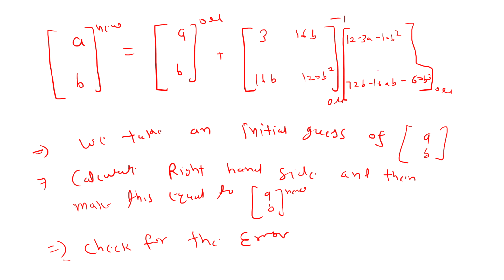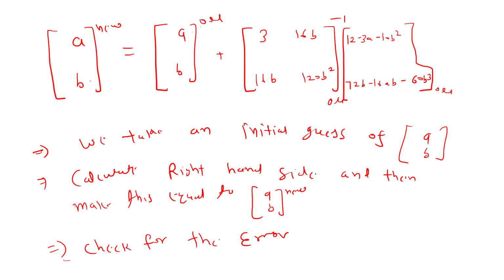We will also calculate this matrix, then we will do the inverse and multiply these two matrices, and then add it to the old value of a and b, and then we will get this new value of a and b. So that is the idea. I hope I am clear. Doing the calculation of this is unnecessary. You can do it on your own, because this is just matrix multiplication and inverse of a 2 cross 2 matrix.